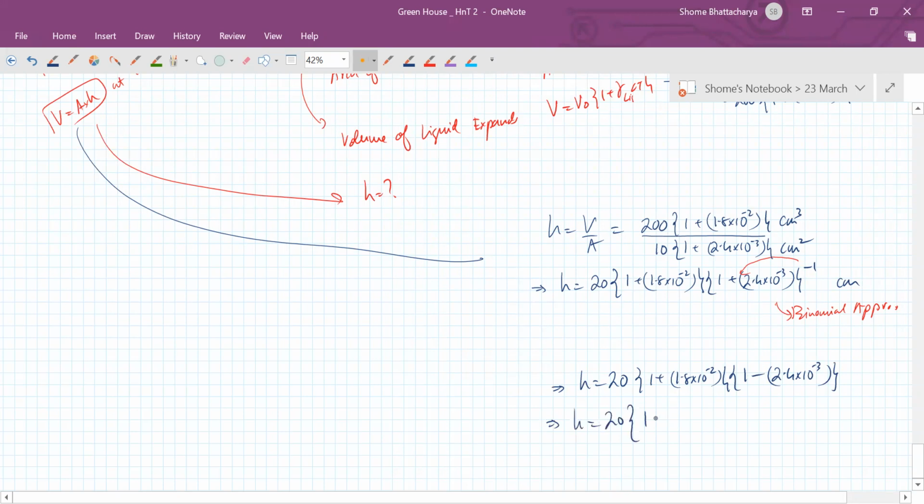It becomes 1 minus 2.4 into 10 raised to the power minus 3 plus 1.8 into 10 raised to the power minus 2, minus 2.4 into 1.8 into 10 raised to the power minus 5. Now this term we can neglect, because its order of magnitude is 10 raised to the power minus 5. So it's very small.